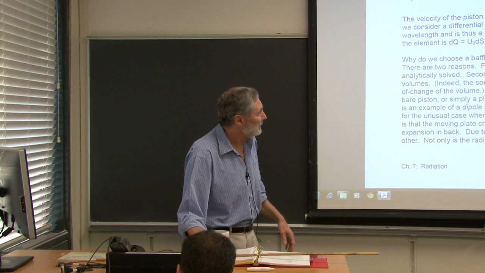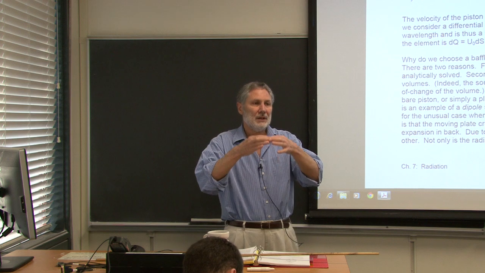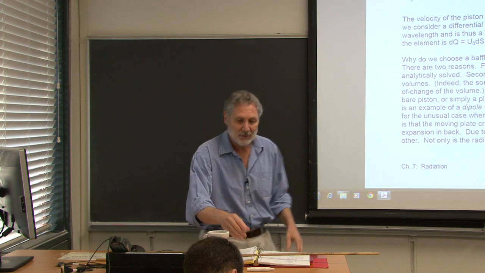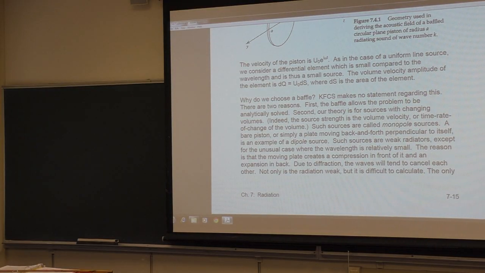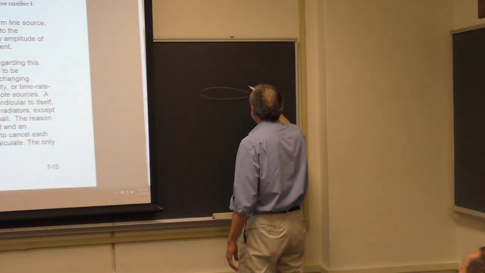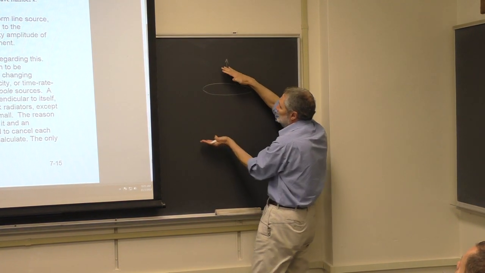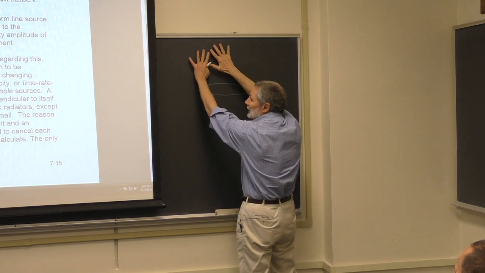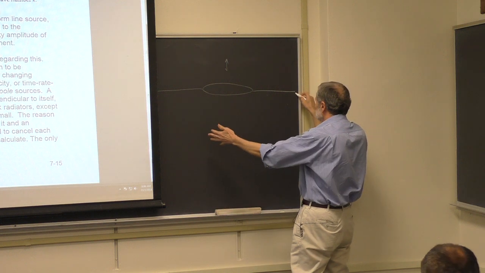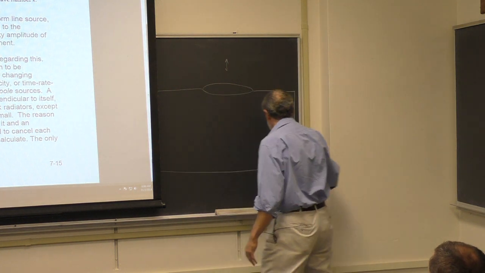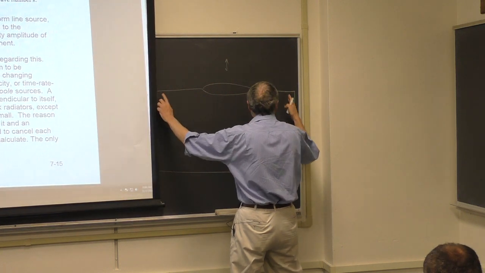So the baffle here also serves the purpose of turning this into a monopole source. Instead of this disk oscillating as a dipole, where there's a tendency of the sound fields to cancel, you can imagine letting these boundaries go to infinity.